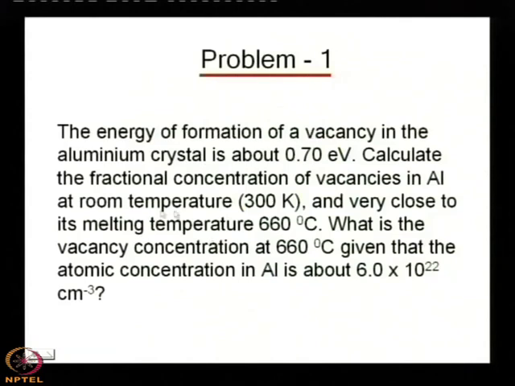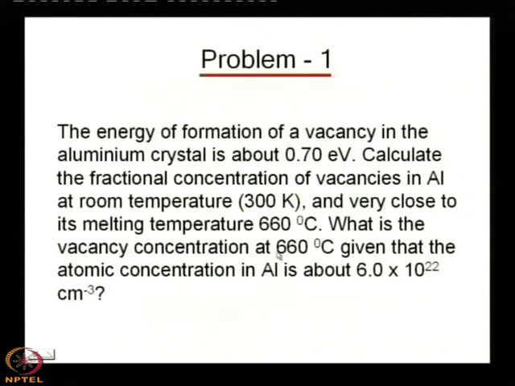The energy of formation of a vacancy in the aluminum crystal is about 0.7 electron volt. Calculate the fractional concentration of vacancies in aluminum at room temperature, that means 300 K, and very close to its melting temperature, which is 660 degrees centigrade.